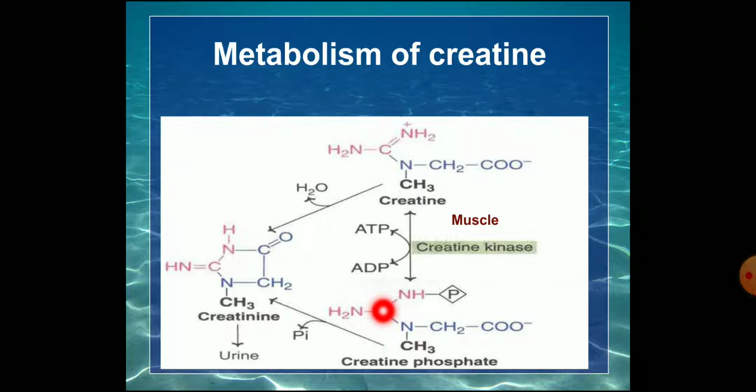Similarly, creatine phosphate, by removal of inorganic phosphate, undergoes spontaneous cyclization to form creatinine, which is excreted through urine. So the end product of creatine metabolism is creatinine, which is what you estimate in the urine. Urine also contains creatine, which is a normal organic constituent of urine. So in the muscle, creatine phosphate is converted to creatinine and excreted.